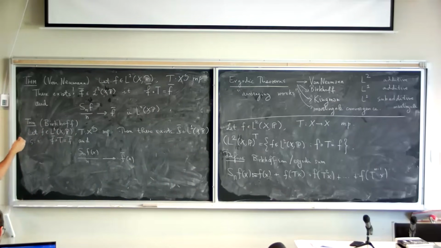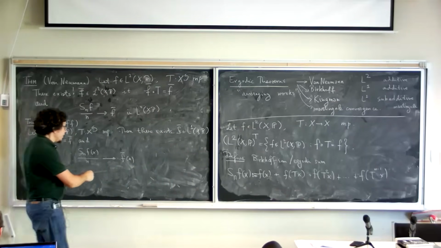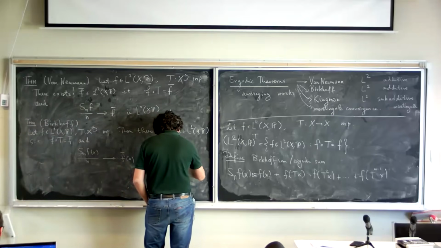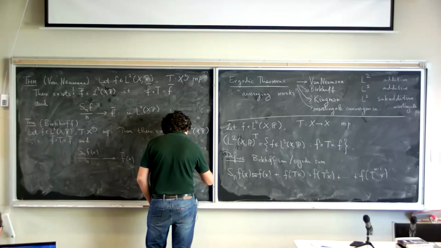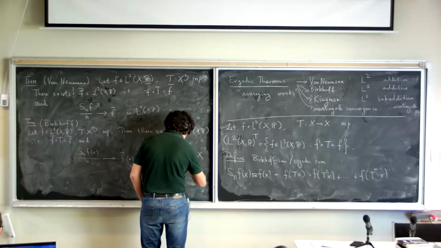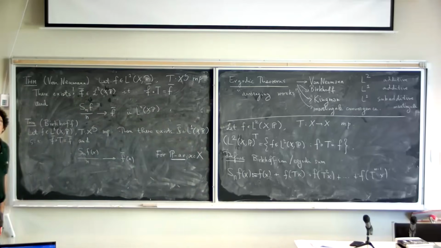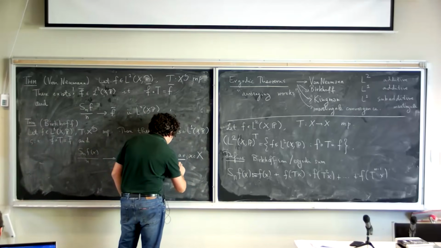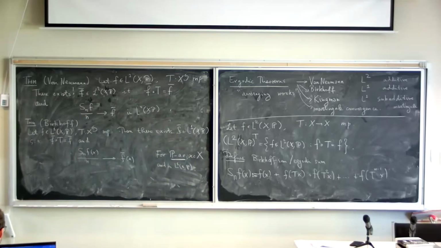The really important and strong property is that this converges for P-almost every X. So it's an almost sure convergence. In L1 as well, but this is not so big of a deal.